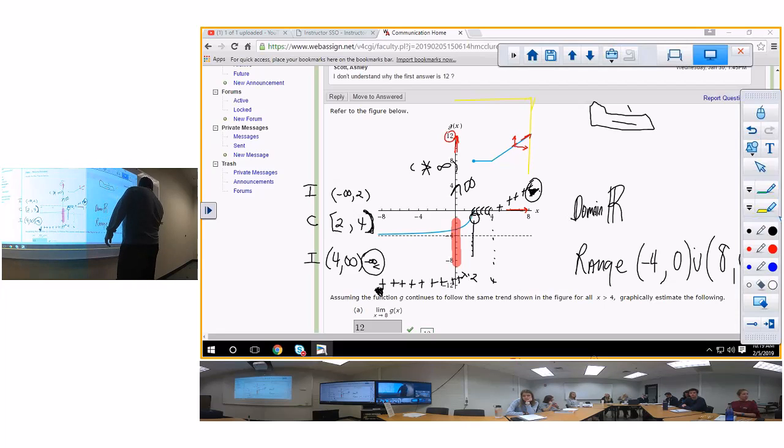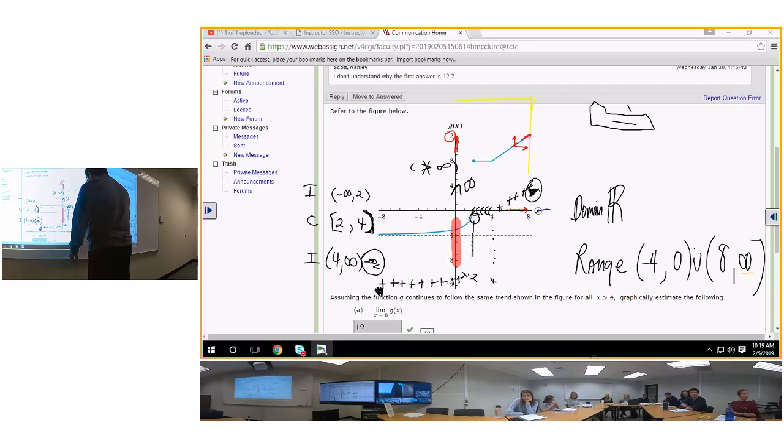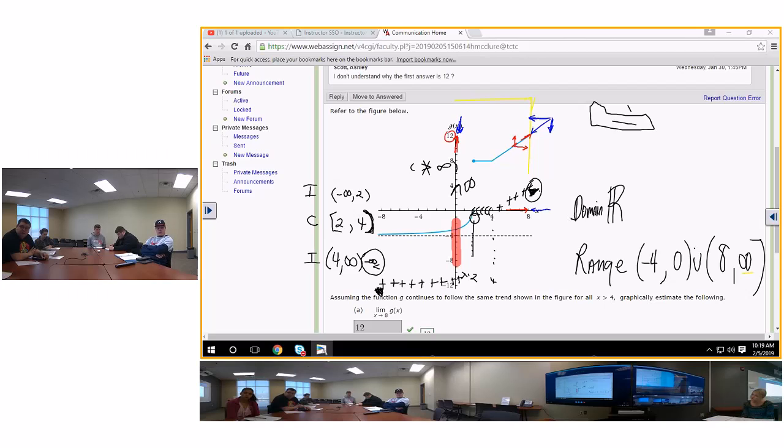And if I approach from the right, if I come from 9 and go backwards to 8, approaching this way and that way, what am I approaching on the y-axis? It's called the Squeeze Theorem.